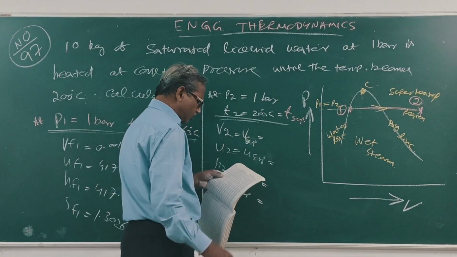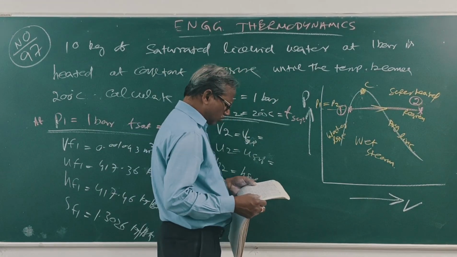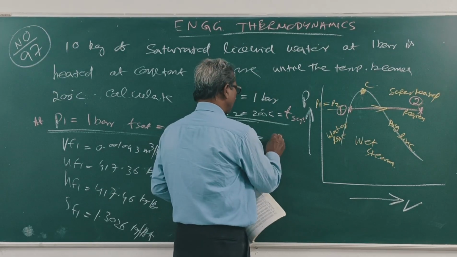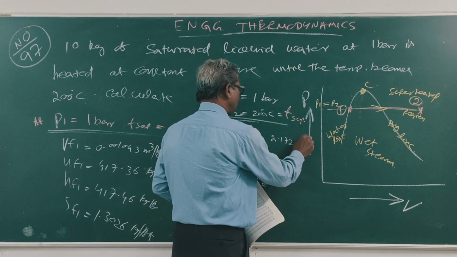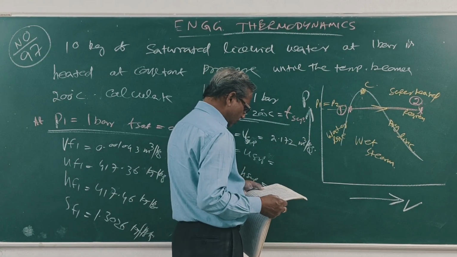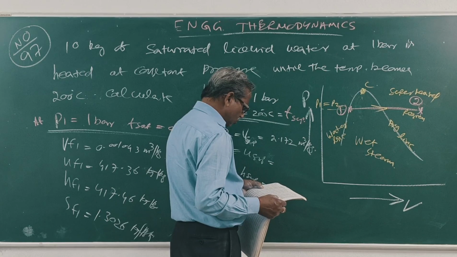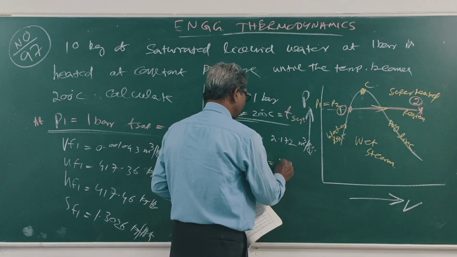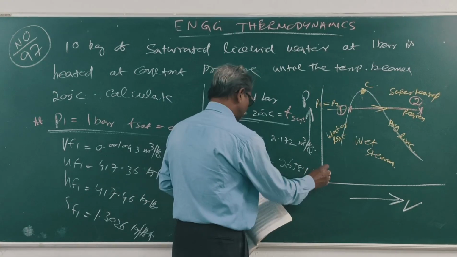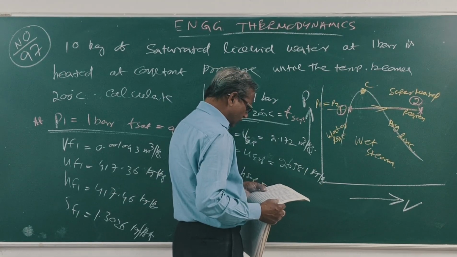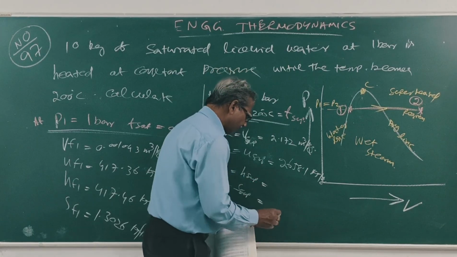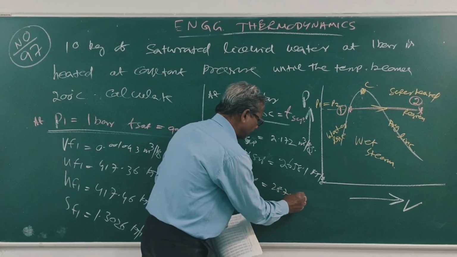V superheated is equal to 2.172 meter cube per kg. Clear? U2, U superheated, is 2658.1 kJ per kg. H2, H superheated, is 2875.3 kJ per kg.